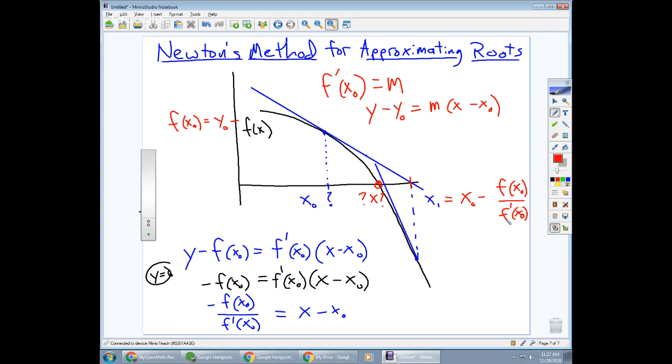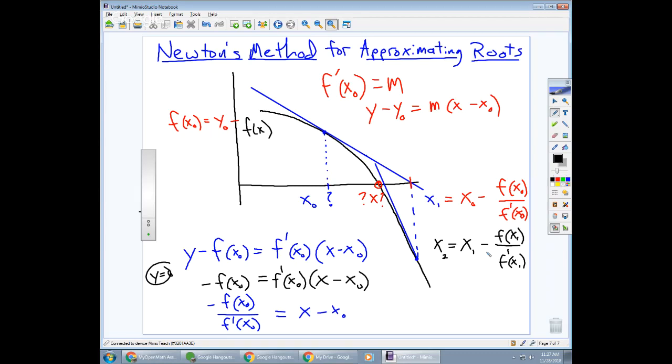So if I want the second step down the line, the next x value is just going to be take the one before that and subtract this fraction, f of x1 over f prime of x1. And we just repeat that over and over again. So this is the formula right here. To find the third x value, I just do the same thing but plugging in the second x value.